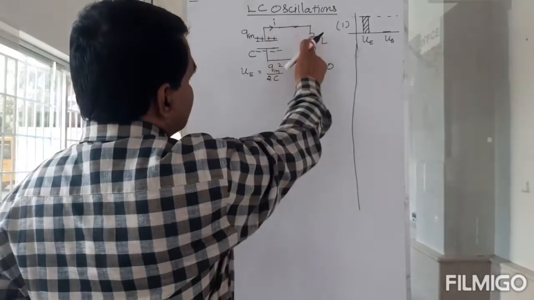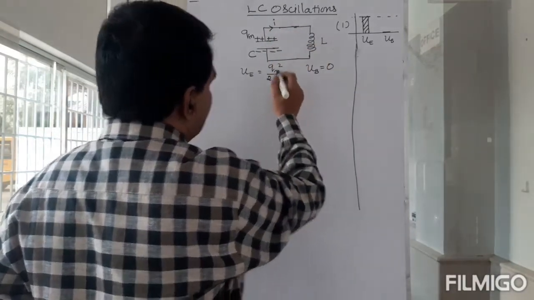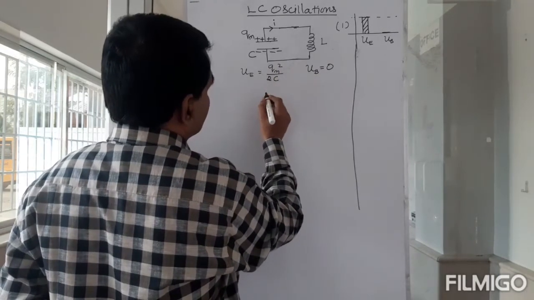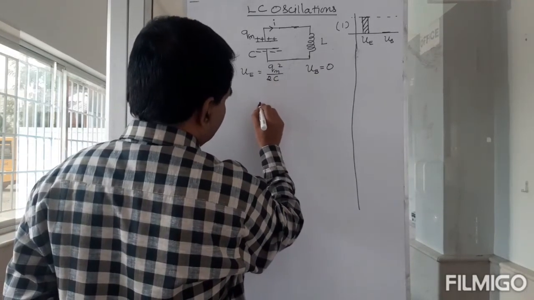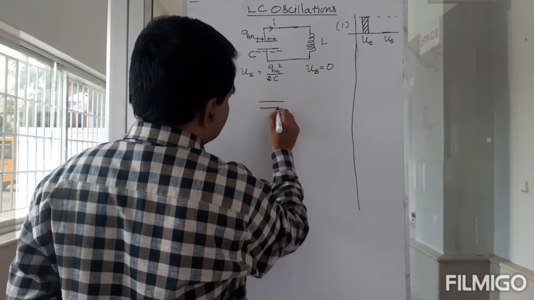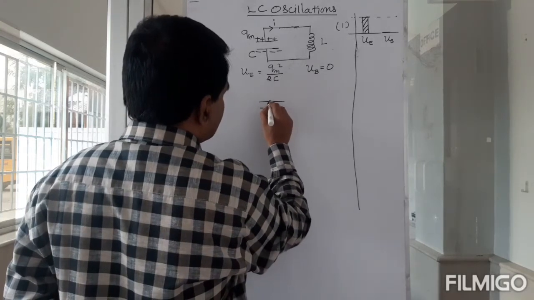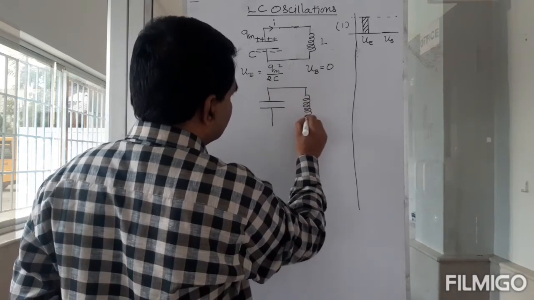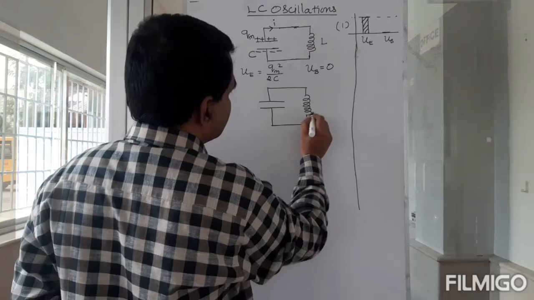As the current starts increasing, I will have a different configuration now. This is a capacitor and the current has started flowing. This is the inductor.